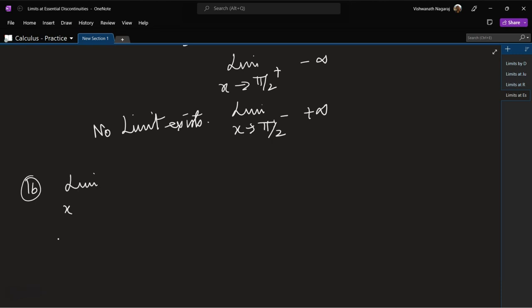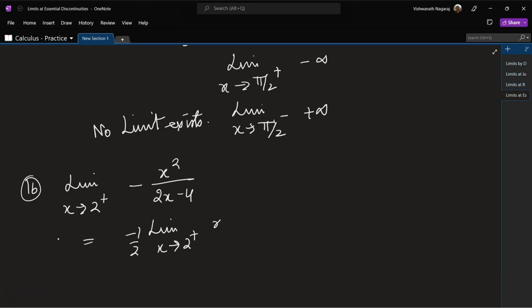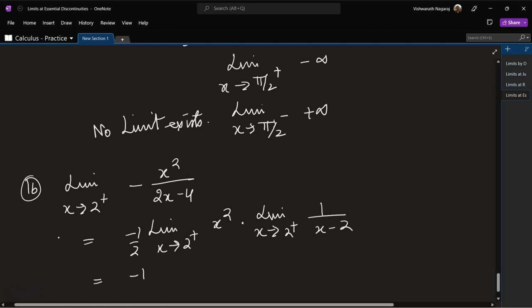Okay. 16th one, limit as x approaches 2 from the positive side of minus x square by 2x minus 4. Again we can simplify this by taking minus 1 by 2 out. So limit as x approaches 2 from the positive side of x square, times the limit as x approaches 2 from the positive side of 1 by x minus 2.